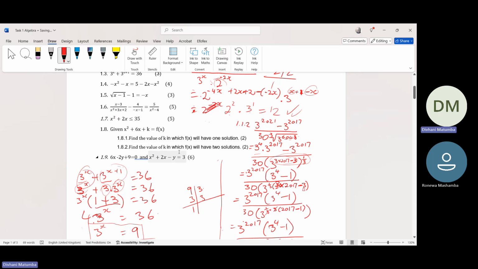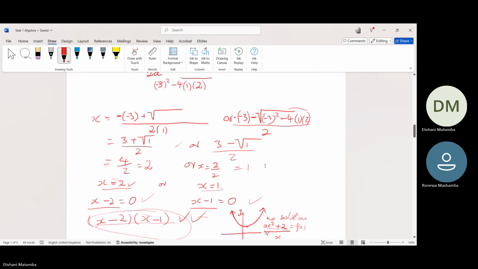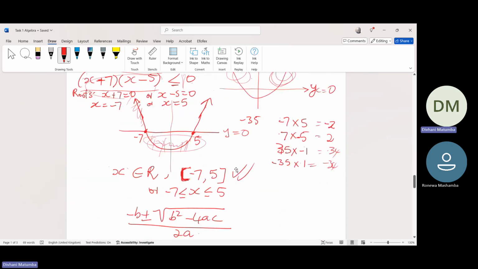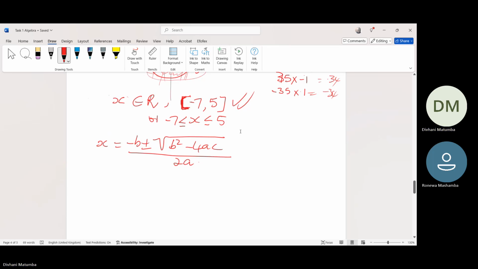And can you give me one example of a non-real number, or an imaginary number? You agree? Yeah.